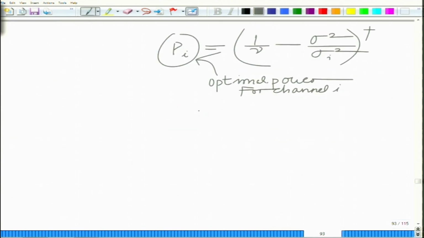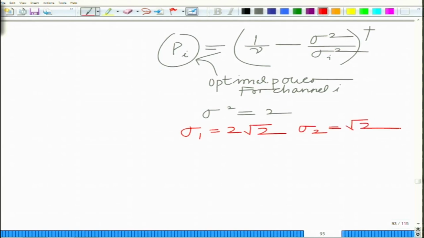Now, remember, we have seen sigma square equal to 2, and we have sigma 1 equals 2 square root of 2, sigma 2 equals square root of 2.